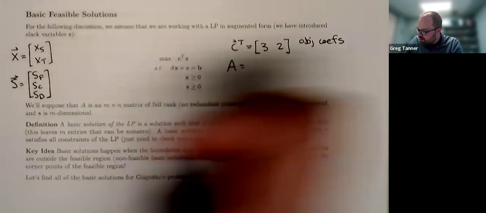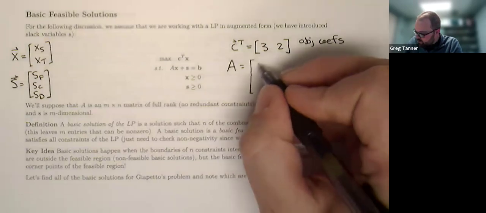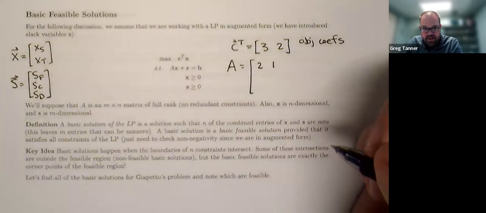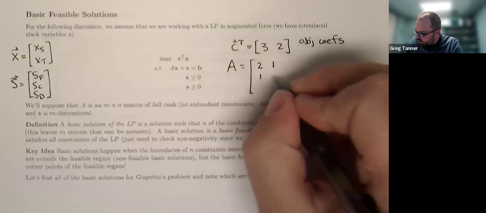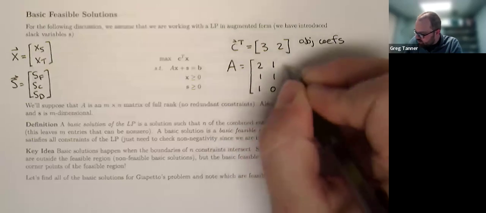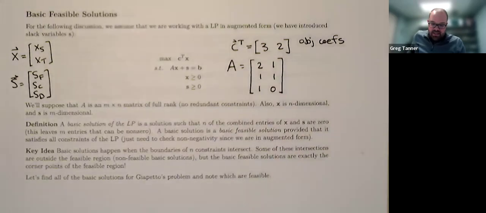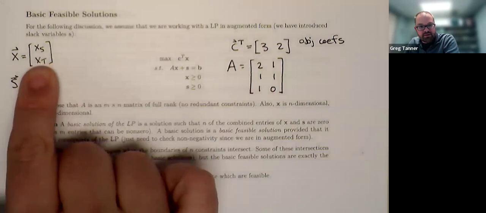In this case, our A matrix would be, for the first constraint, 2 and 1 are the coefficients of X, S, and XT. And then we've got 1 and 1 and 1 and 0. And so we could represent those same constraints as a matrix-vector product of this A matrix multiplied by this X vector.